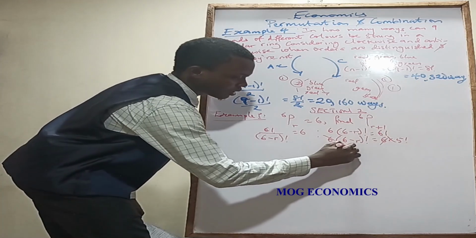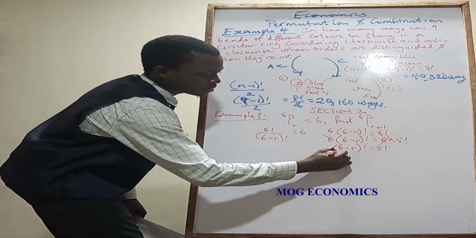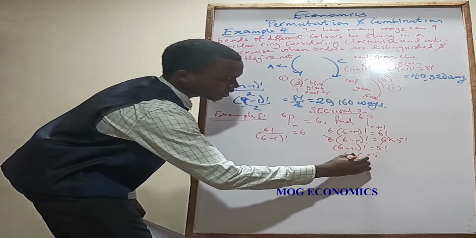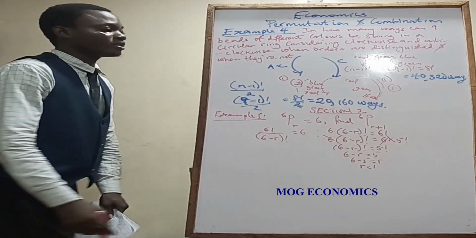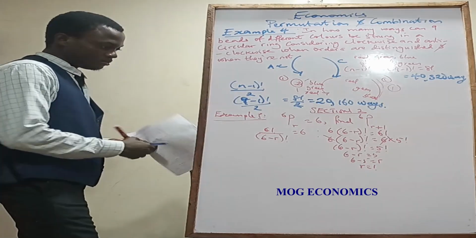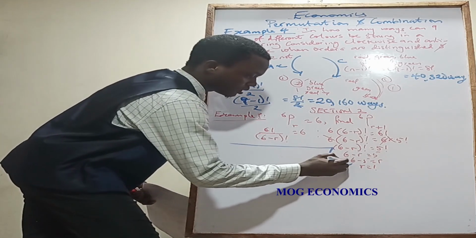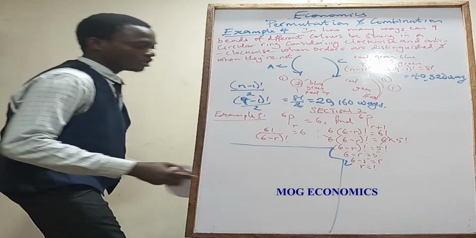Alright, so (6 minus r) factorial is equal to 5 factorial. So these things are equivalent. So 6 minus r equals 5. 6 minus 5 equals r. r equals 1. So now that we've gotten our r, we can now find 6P(r+1), because there's a second one that we need to calculate as well. So 6P(r+1), that's 6P2.